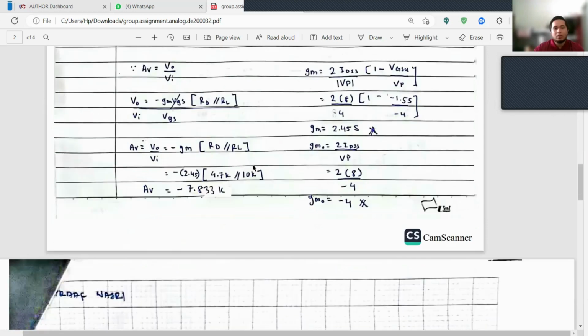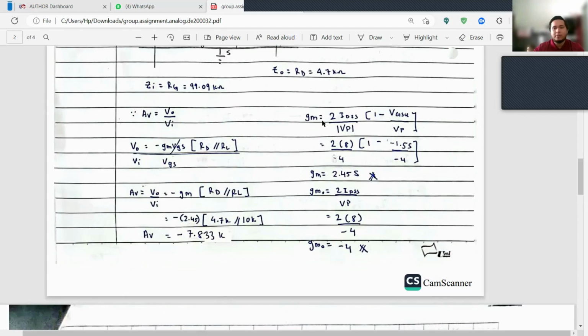So we need to find gm first. The equation for gm is 2 IDSS over VP, positive side VP, times 1 minus VGSQ over VP. So we plug in all the values. It should be the bracket here.